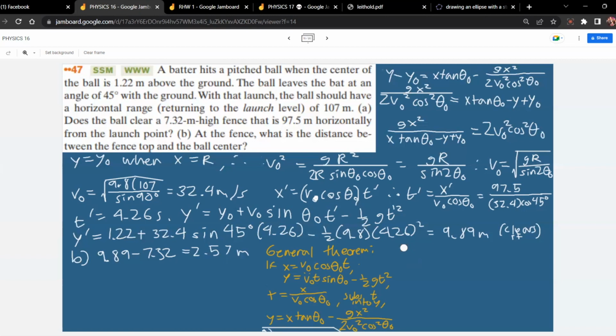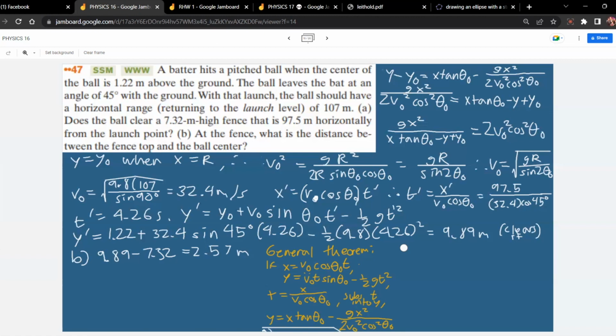Right? Don't you already have Y versus X? If the Y at that point is more than 7.32 meters, then it should clear it. So, 9.8, it clears. At the fence, what is the distance between the fence top and the ball center?